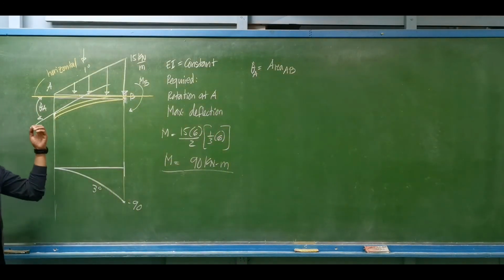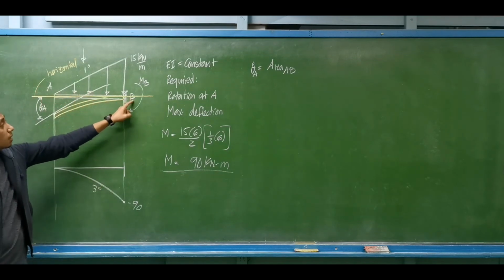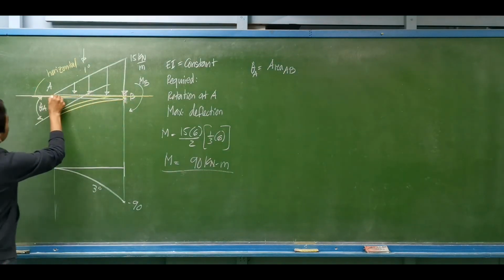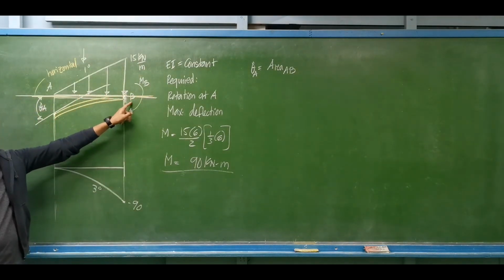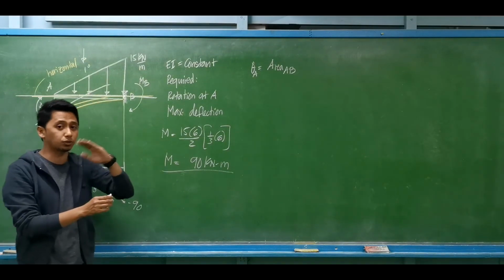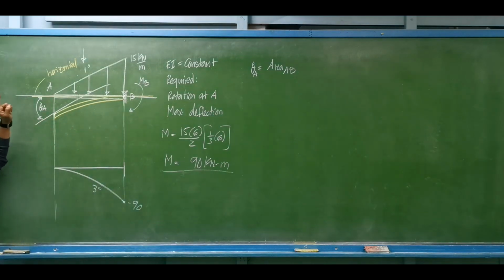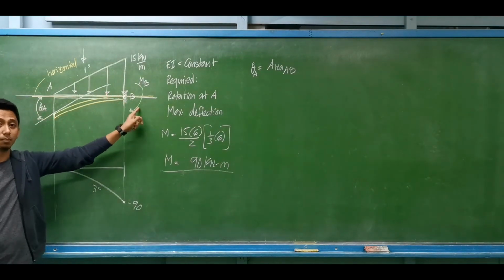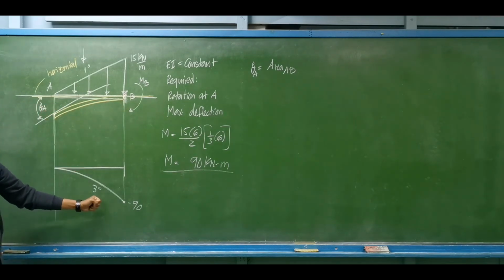So why the area of the moment diagram from A to B? For a reason, our reference line is a tangent line passing through point B, which is horizontal. If we are to compute the rotation, our basis is a horizontal line, and that is a horizontal tangent line passing through point B. So from point B to point A, what is the area of the moment diagram?